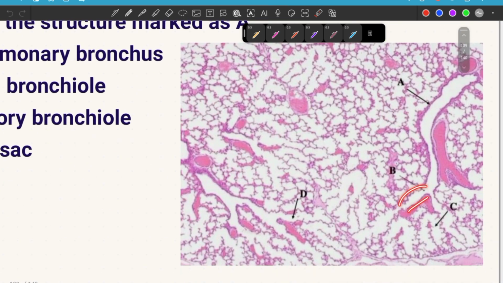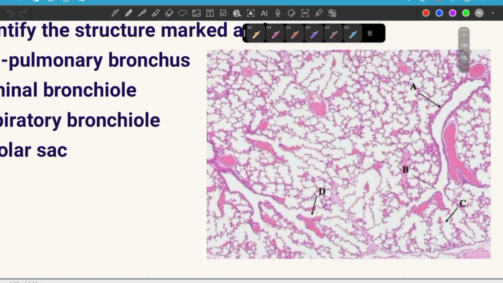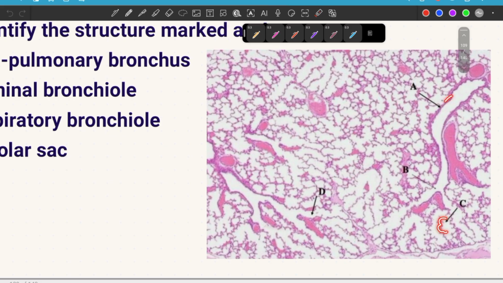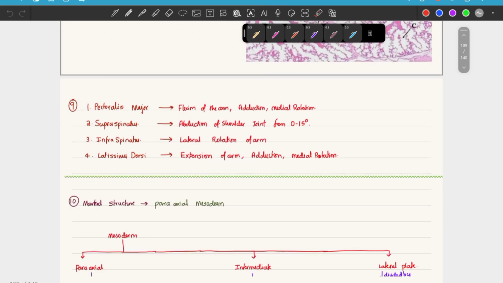That means this is the respiratory bronchiole, whereas this is the terminal bronchiole. See, A is the terminal bronchiole, B is the respiratory bronchiole, C is the alveolar sac, whereas D is the alveolar duct. Very small one.